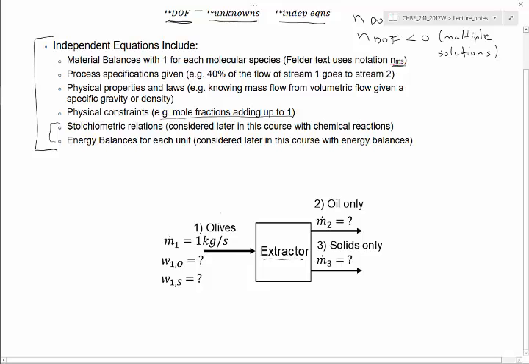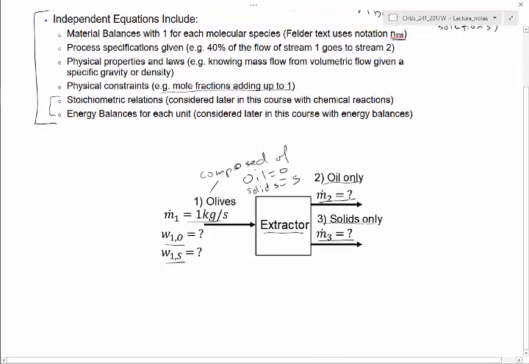These olives are composed of, let's just say, oil, O, and solids, which we'll call S. So here I have a kilogram a second coming in. I don't know what the weight fraction of either oil or solids is in that kilogram per second. And I have some mass flows of oil coming out and solids coming out, and those are split perfectly. So I only have oil in this stream number 2, and I only have solids in this stream number 3.